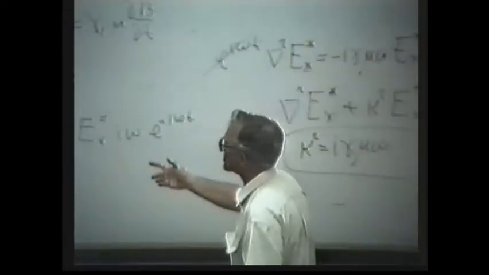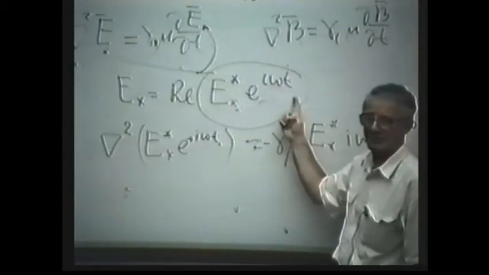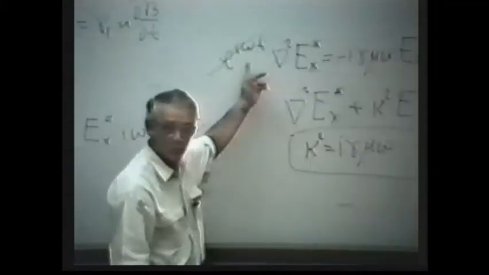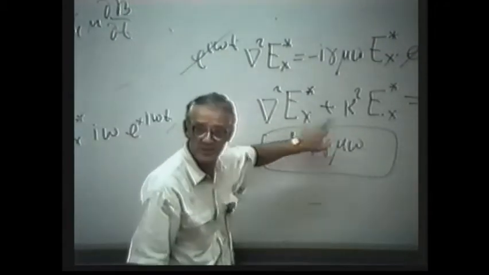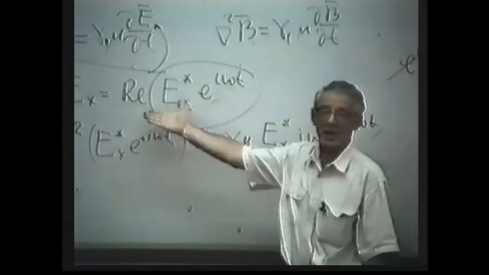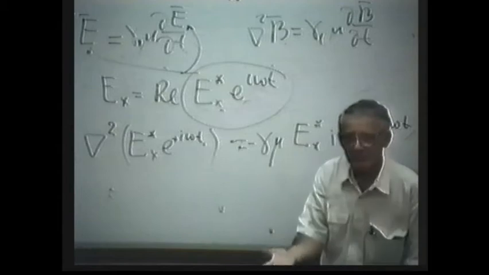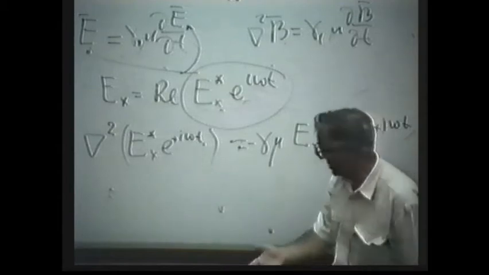How do we get the expression for the field? It's written here. When we solve the boundary value problem for the complex amplitude, please substitute it here and take the real part. And then you will get sinusoidal oscillation. Let us check it.